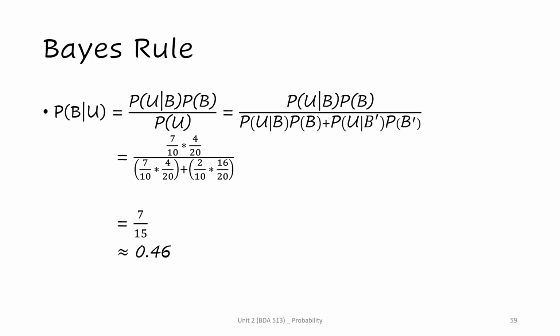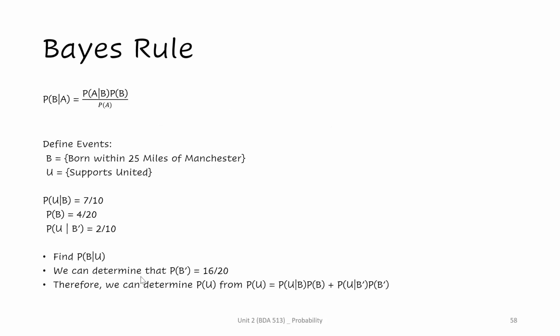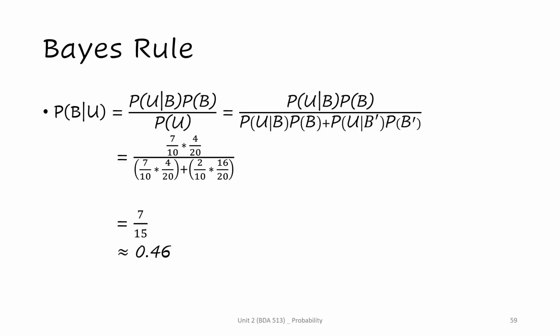So you should have used the probability of B prime. As soon as you get the probability of those who were born within Manchester, then you can get the probability of those who were not born within Manchester. That's 16 over 20. So that's the complement. Yeah.